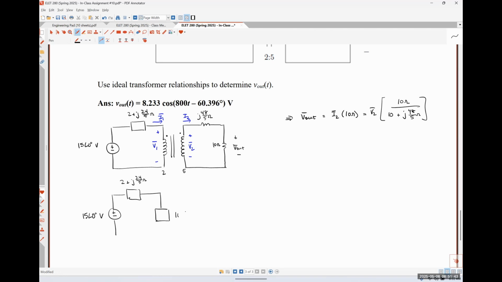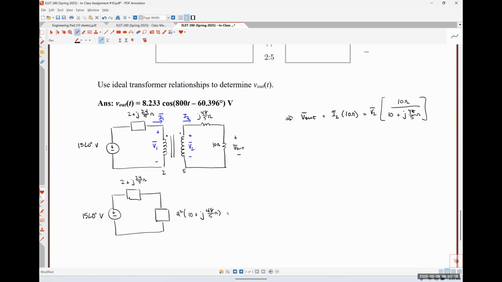This is going to look like, actually, let me put it as A squared times 10 plus j48 over 5, like so, where A in this case is just 2/5, so I'll have 2 over 5 squared multiplied by 10 plus j48 over 5.